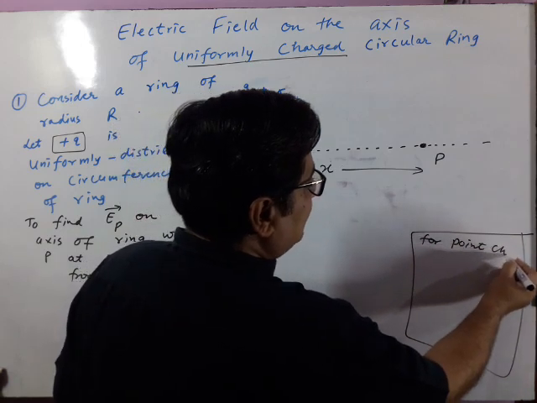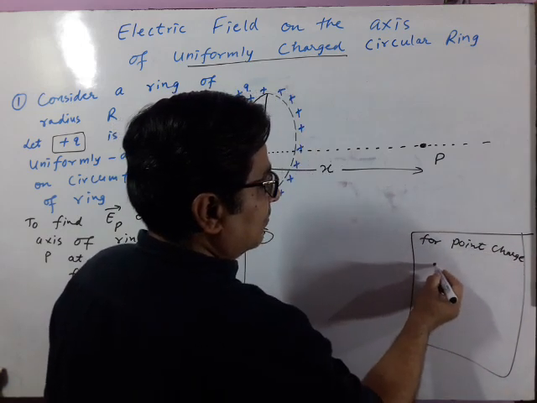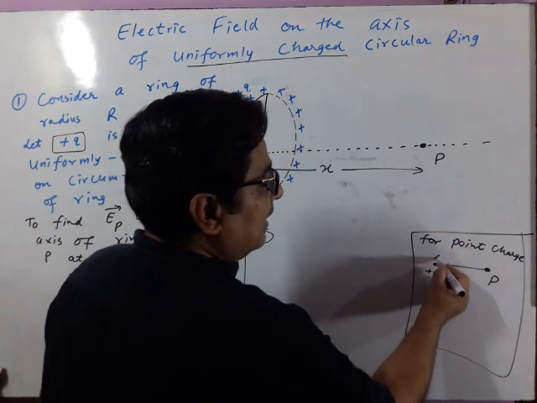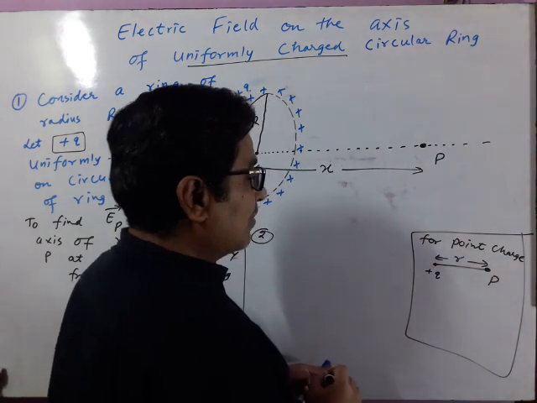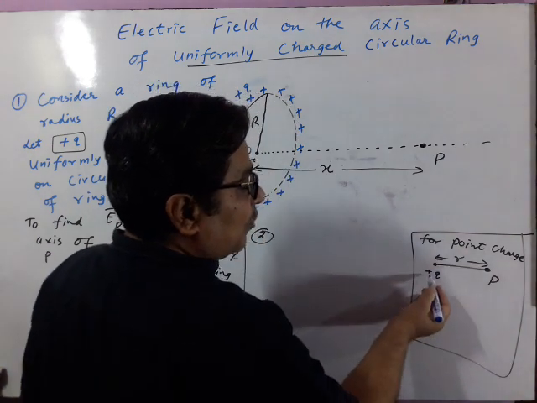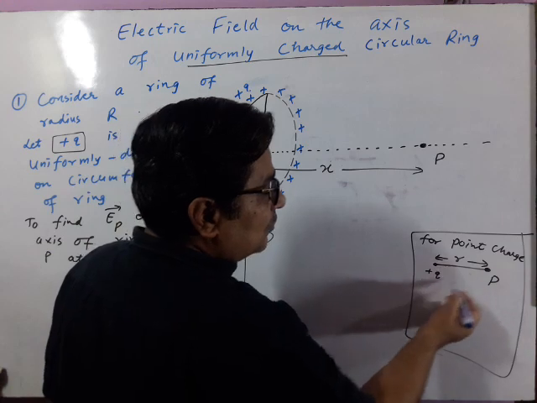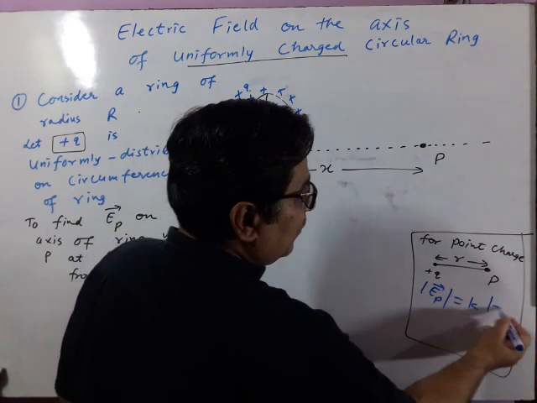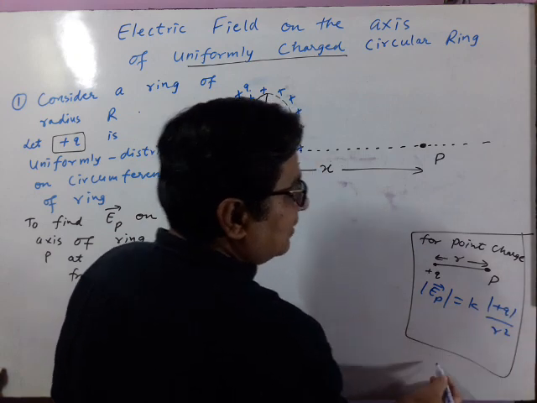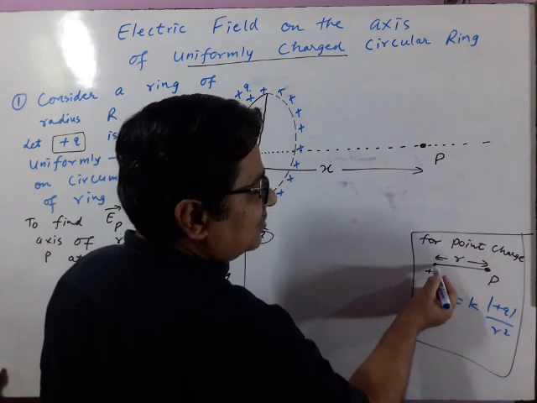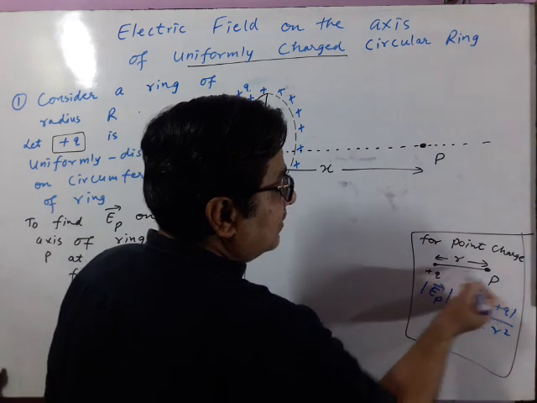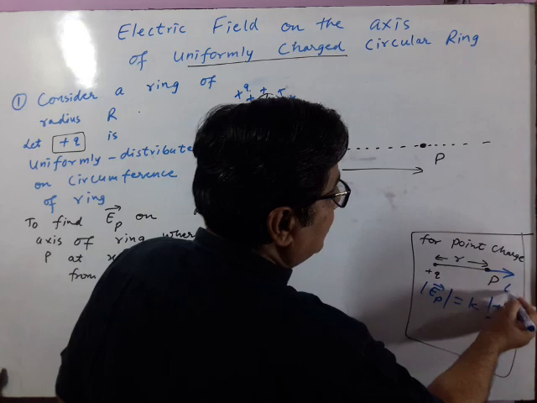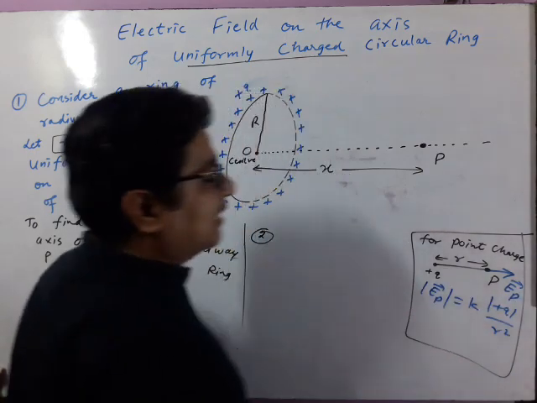For a point charge, how to find the electric field at a point at a distance r from the charge? The magnitude of electric field at P is K mod of Q by r square, and for a positive charge the direction is radially outward. Outward means away from the positive charge. This is the direction of electric field at P.